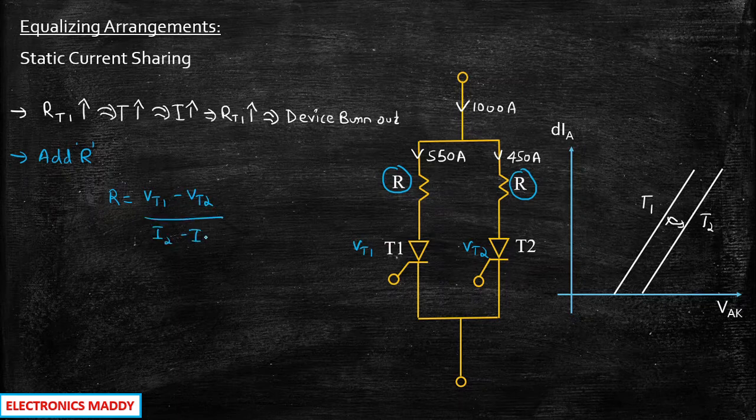So if there is any difference between the current I2 and I1, the value of R will be set such that the difference in current is observed, and this value of R is the same in both the parallel paths. So that is how static current sharing between the two thyristors T1 and T2 can be achieved. I hope this point is clear.